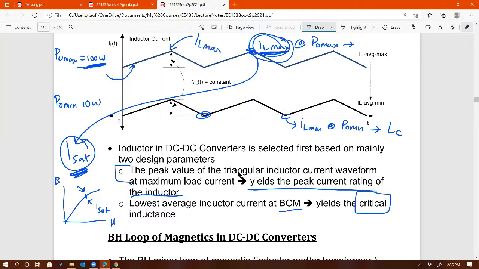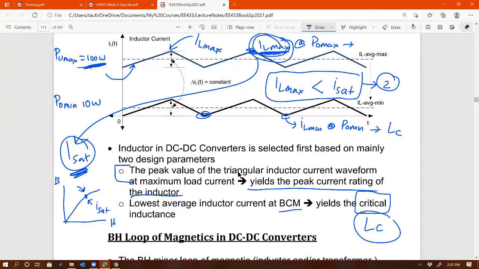So whatever that IL max is, when I choose the inductor for this converter, I want to get an inductor where IL max is less than ISAT. So that's two things. Number one is the LC right here. So you have to know the inductance, microhenries, and you need to know the current when you go buy an inductor, okay?